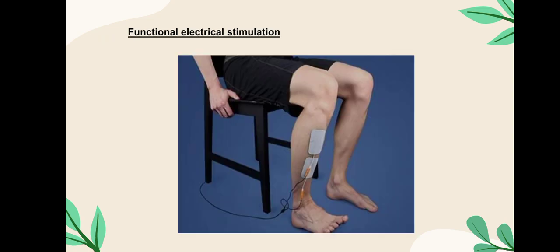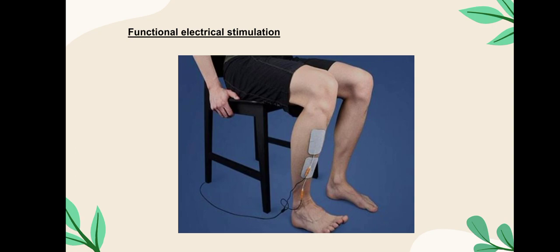The next comes the functional electrical stimulation. How it is different from neuromuscular electrical stimulation is that in neuromuscular electrical stimulation, the current is provided for a short period of time, and after that we perform the passive movement at that joint or of that muscle. But in functional electrical stimulation, when we apply the electrodes and provide the current, the muscle does an involuntary contraction, meaning it dorsiflexes the ankle involuntarily.